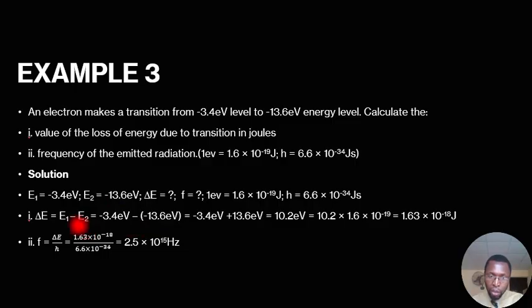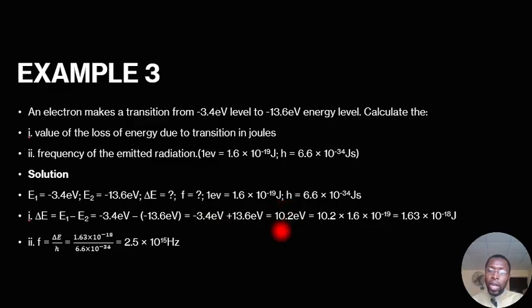So this minus is for this minus here, while the other minus belongs to the energy level 2. In our mathematics, minus times minus gives plus. So going forward, we have minus 3.4 electron volt, then this minus becomes plus here, and then we have 13.6. And when we simplify this, 3.4 plus 13.6 will give us 10.2 electron volt.